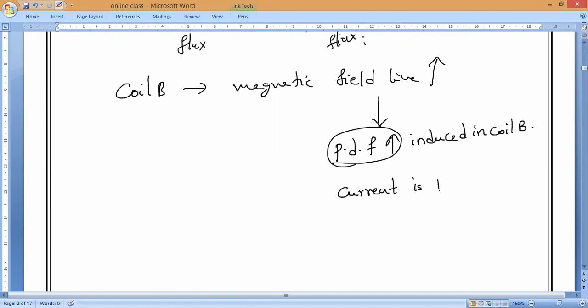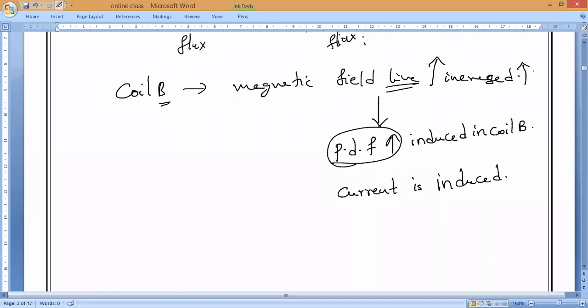Current is induced because the magnetic field lines are increasing in coil B, since it is closer to coil A. Whatever field lines are associated with coil B also keep on increasing.